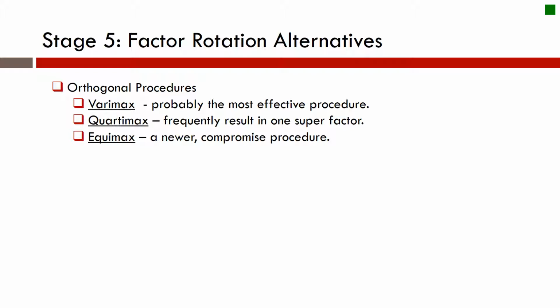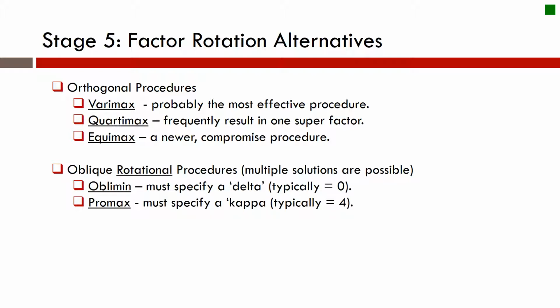Orthogonal or oblique rotations are the two most popular. Varimax is a type of rotation, and a Varimax rotation is probably the most commonly used orthogonal procedure. When we look at oblique rotations, what is very often used is what's called a Promax rotation.